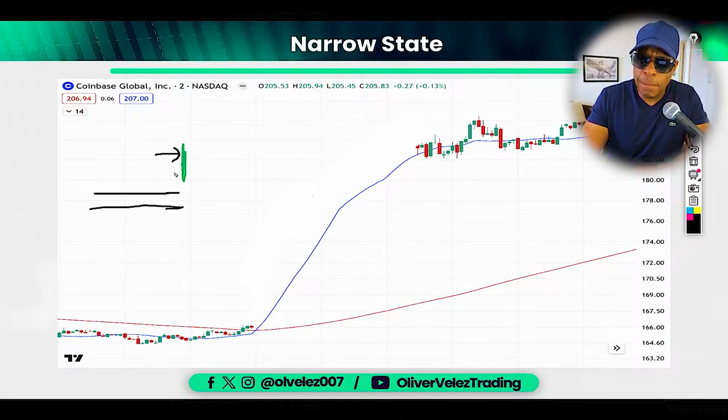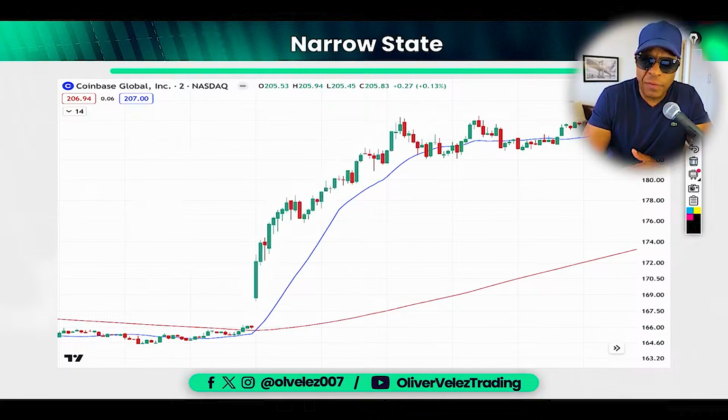Boom! If it starts off out of the narrow state with power red to the downside, we're going to pile into that power red bar to the downside. Okay? But we don't know yet. But you don't have to know. We don't have to know what's going to happen. We just wait for it to happen.